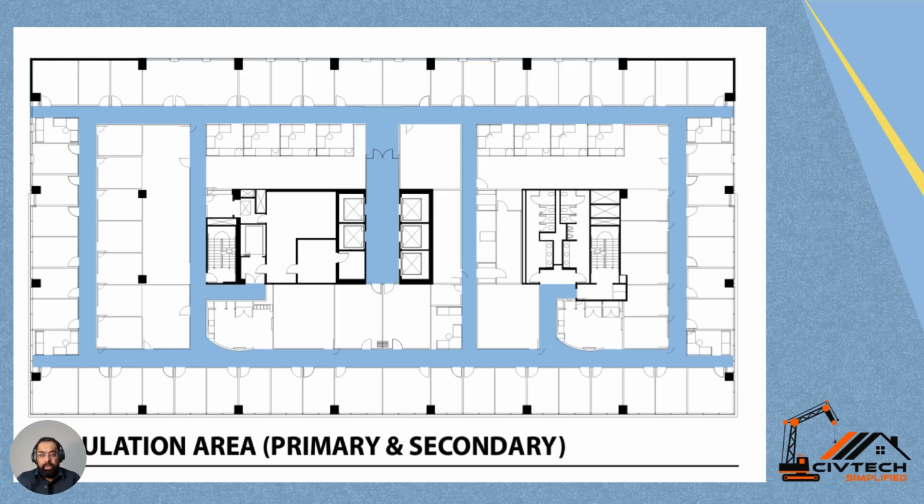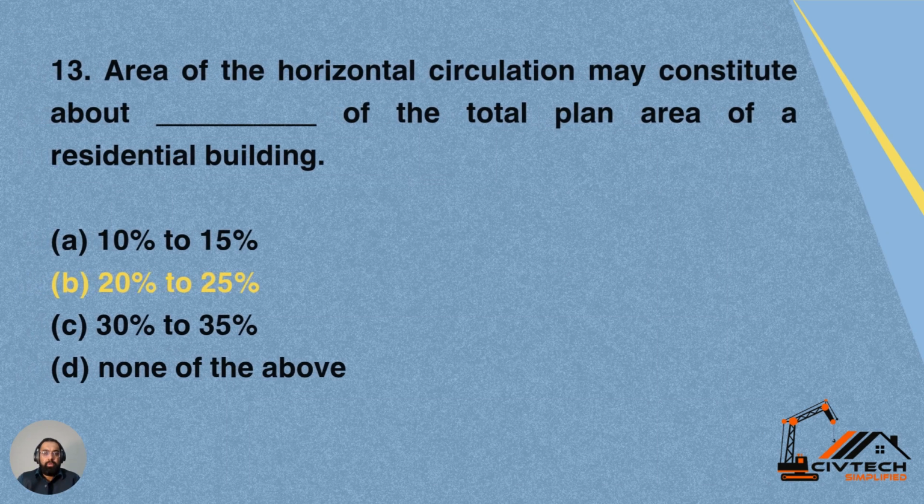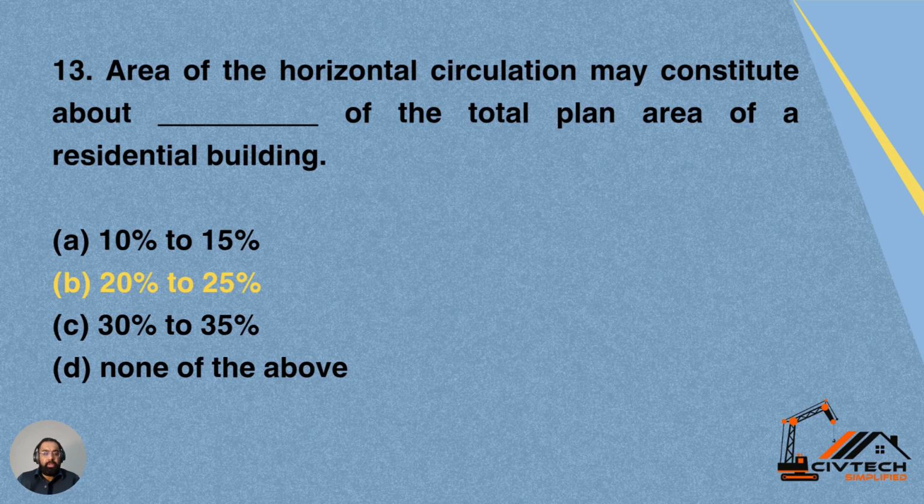The corridor or area serving more than one or two comes under the primary. The upper one and the lower one, the longitudinal ones, are primary circulation areas, while the vertical ones come under the secondary circulation area. So I hope this will be clear.